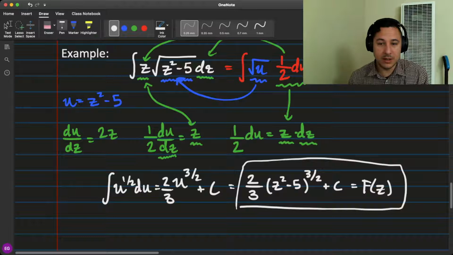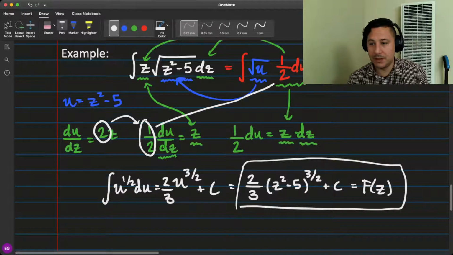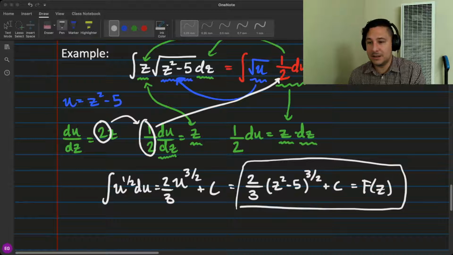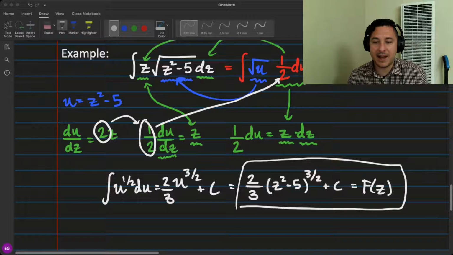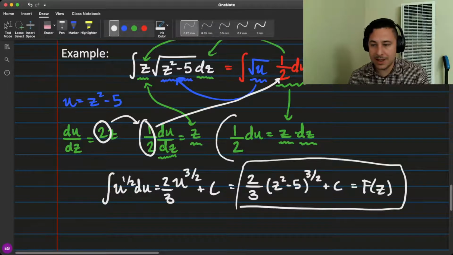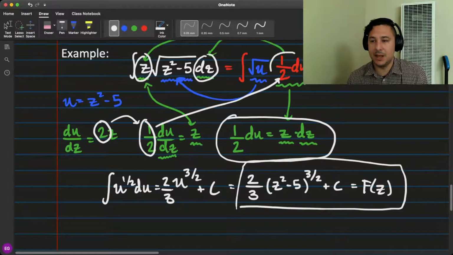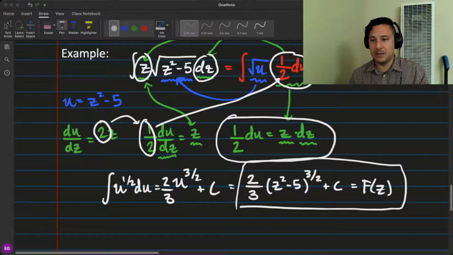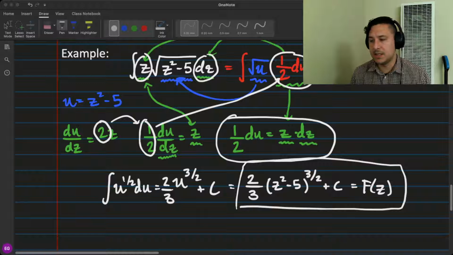The 2 became the 1/2 when I moved it to the other side of the equation, which is why it ended up right there. Does that make sense? Because 1/2 du is equal to z dz. I had a z and a dz, so it can be replaced with a 1/2 du. Does that answer your question, Sid?